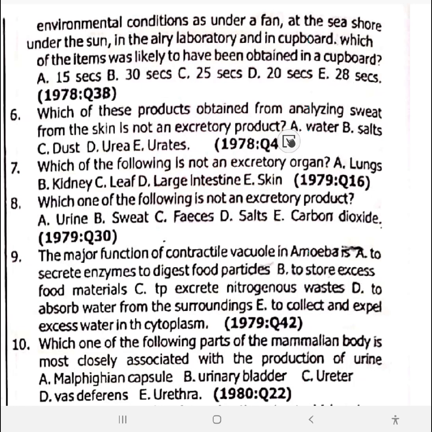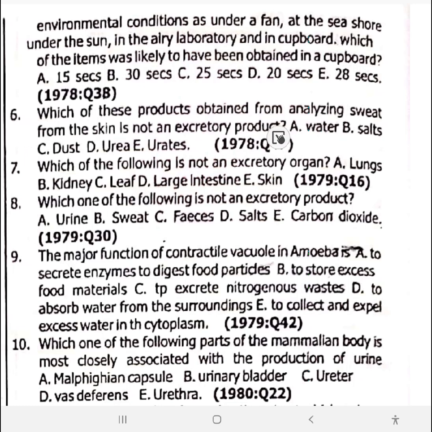For the sun, it should be 15 seconds. For the fan, around 20 seconds. The lab should be 25 seconds. The seashore should be 28 seconds. And the cupboard should take 30 seconds. So five is option B.